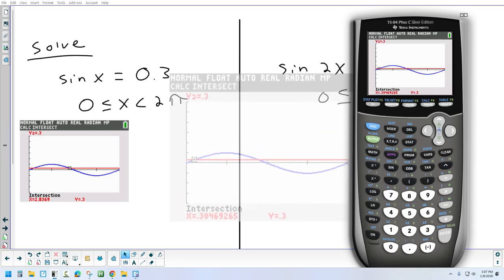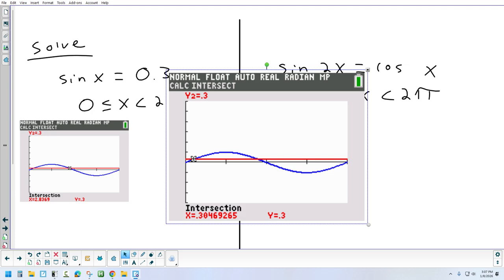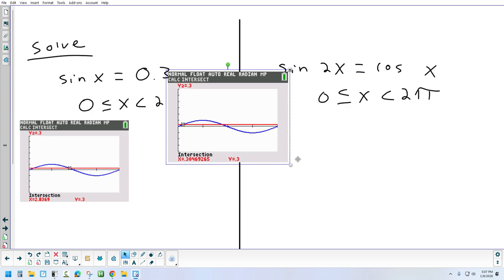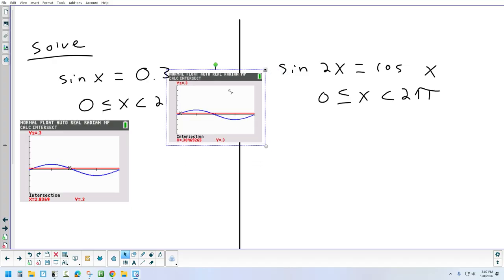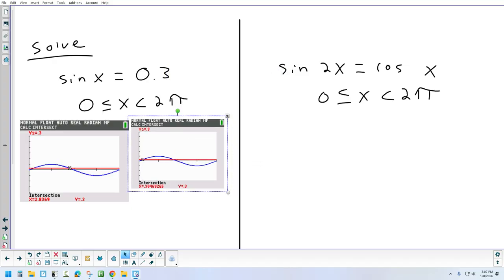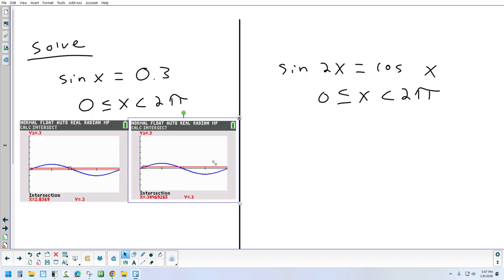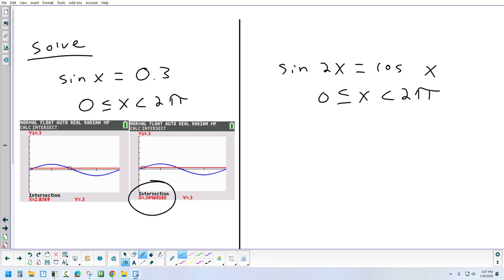And that gives you about 0.30. Okay, any question on that one? So the way you'd write your 2 answers is exactly the way they are here. X equals, x equals.